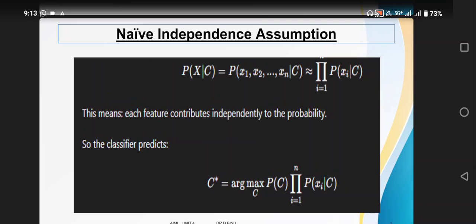So finally, the classifier can predict C star is equal to argmax of P of C times the product for i equal to 1 to n of P of xi given C.